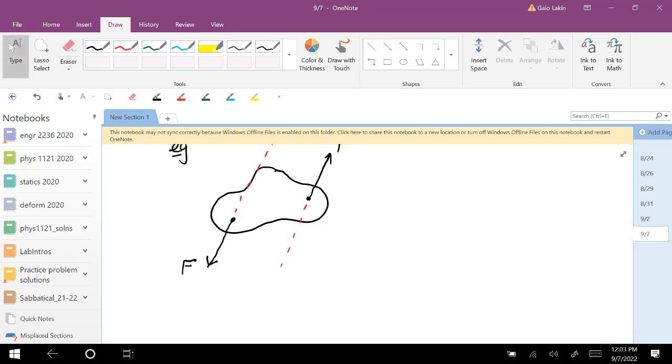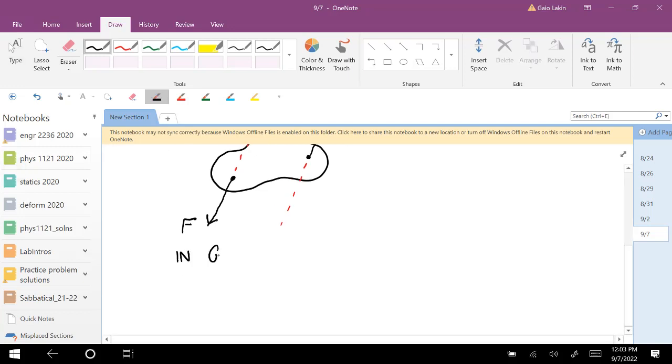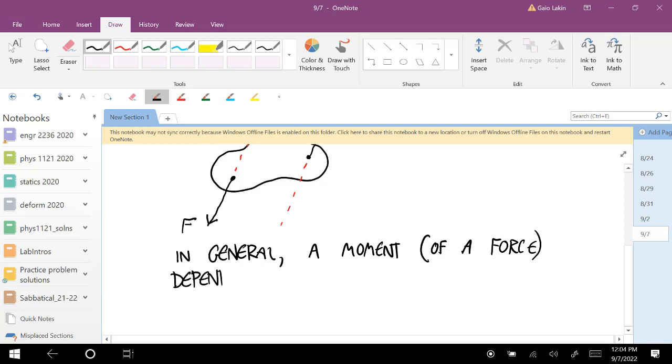And the key thing about a couple, and I'm going to show you how this works, it's surprising, is with a moment, remember the moment of a force, what you choose as your about point totally changes what the moment is, right? So in general, a moment, and in parentheses I'll write of a force, depends on the choice of about point.